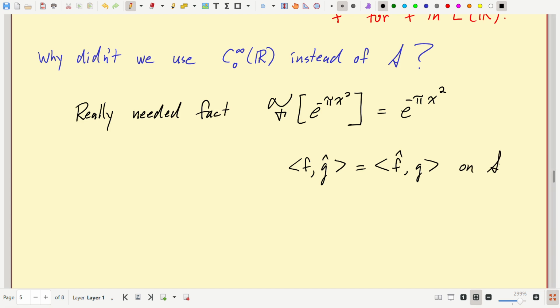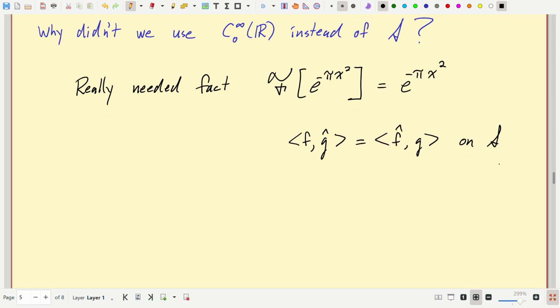That would be true on C0 infinity. What was the other thing we needed? We needed the translation formula. We needed the Fourier transform of f of x plus h to be equal to e to the 2 pi i h x times the Fourier transform of f.